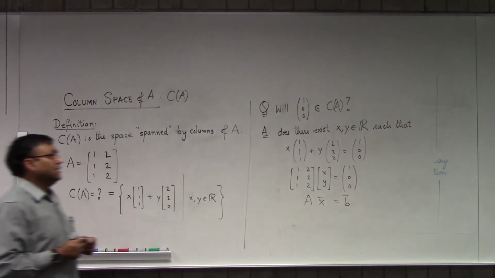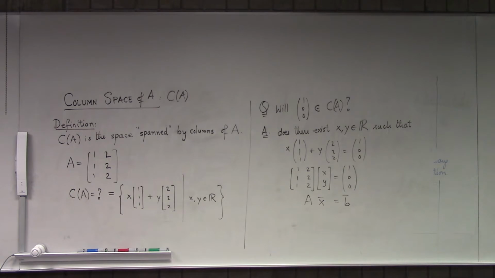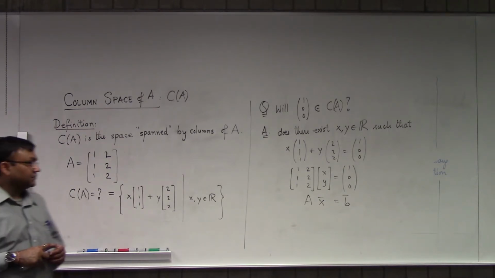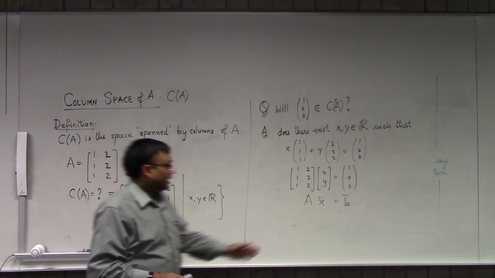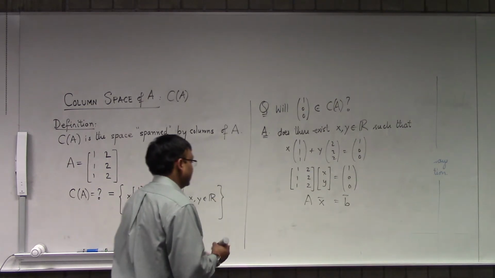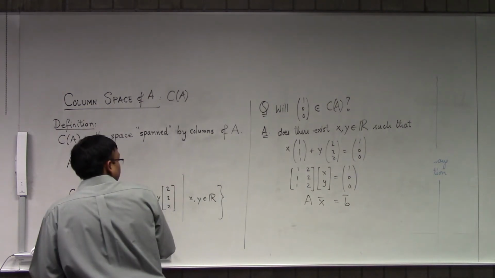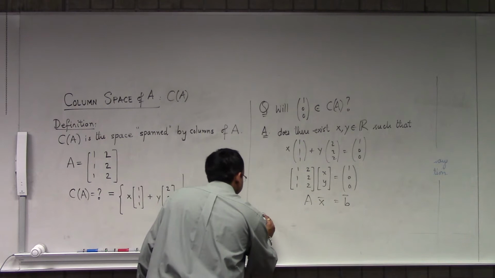We are just asking, what are those right-hand sides for which the system is consistent? So if you think of this column space business, it's nothing new. It's just that we have given it a different picture, and we are asking the same old question. What things are valid right-hand sides? So we can rephrase this as follows.